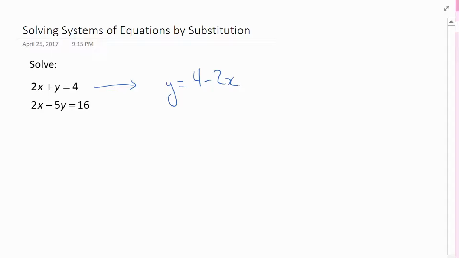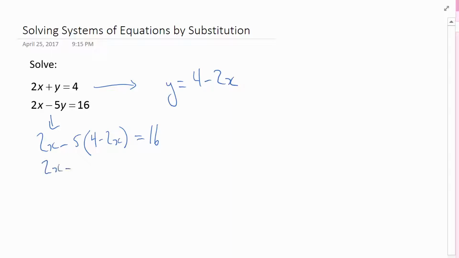This would give us 2x minus 5 times (4 minus 2x) equals 16. And if you look at this, we now have an equation only in terms of x, and we learned how to solve that at least a year ago, maybe even sooner than that.